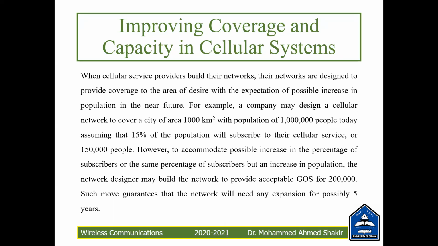However, to accommodate a possible increase in the population, the network designer may build the network to provide acceptable GOS, for example, for 200,000 users. Such a move guarantees that the network will not need any expansion for possibly 5 years.